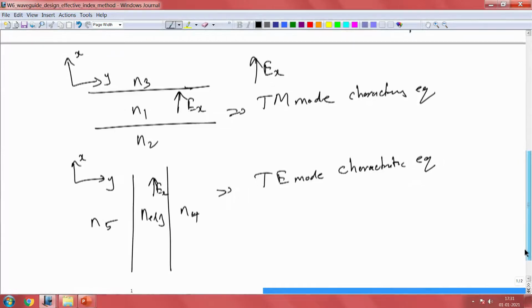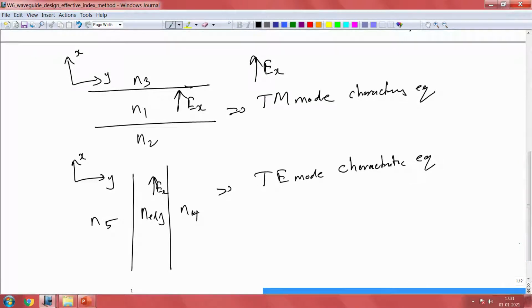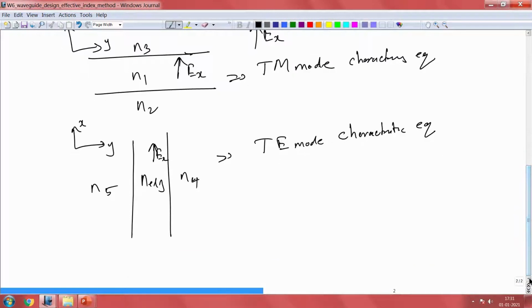So, let us look at how one can use this effective index method to find the electric field and also find the propagation constant beta. All right. So, we are going to do this by using a very simple example.